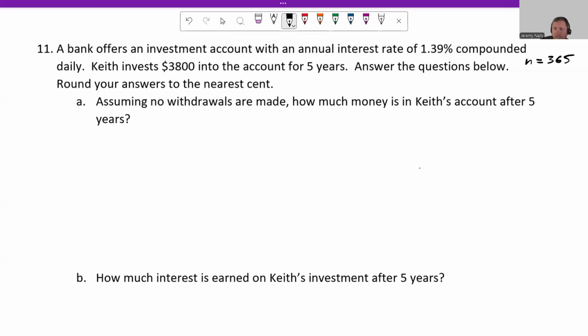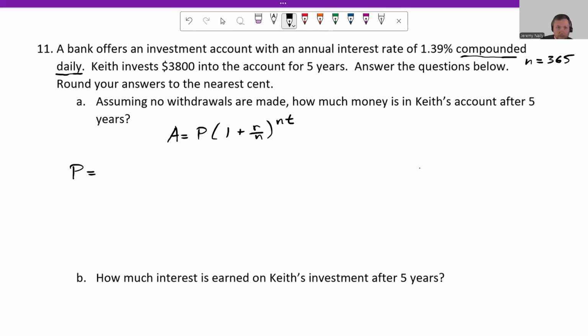But other than that, the divide by 365 is built right into the formula that we're about to use. So keyword compounded. And when it says anything other than compounded yearly or compounded annually, we're using that general compound interest formula. So A equals P times the quantity of 1 plus R over N raised to the NT.